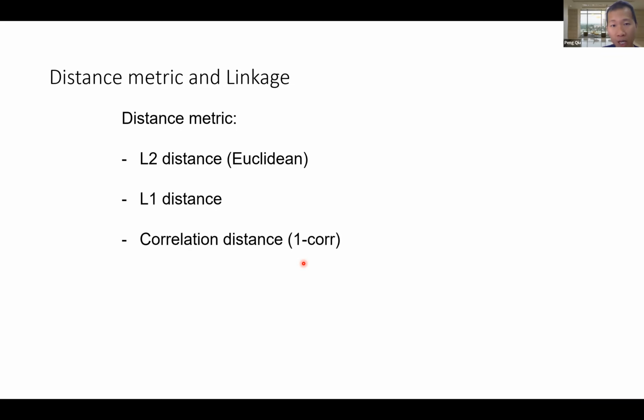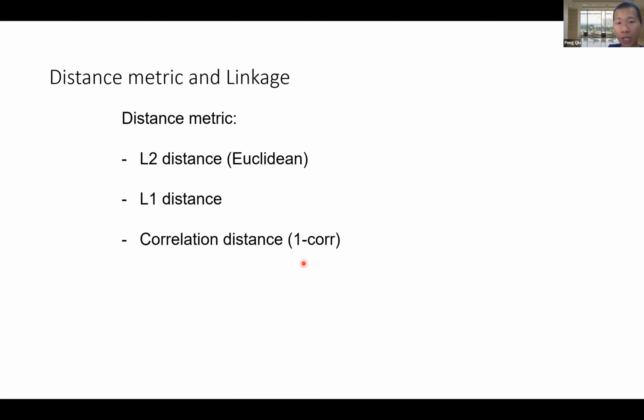For example, if you have data sets where 2 samples are not very well normalized, and the 2 samples are highly correlated, you will consider them very similar, even though numerically these two vectors are not exactly the same. They have different scales, for example. In that case, correlation distance would be very useful. But in cases where your data is very well aligned and normalized, Euclidean distance is my typical choice.